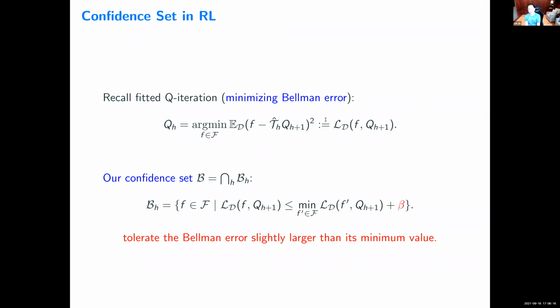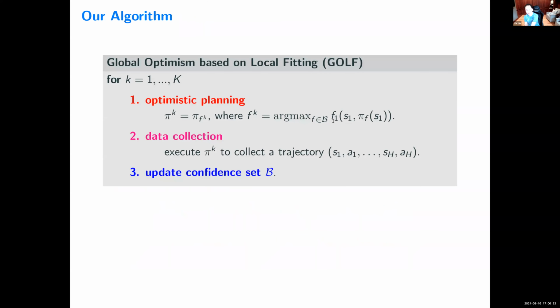If you're familiar with reinforcement learning, there exist algorithms for the tabular setting or for linear function approximation that are basically value iteration with upper confidence bound. Instead of doing this global optimism, I compute an upper bound for each step.